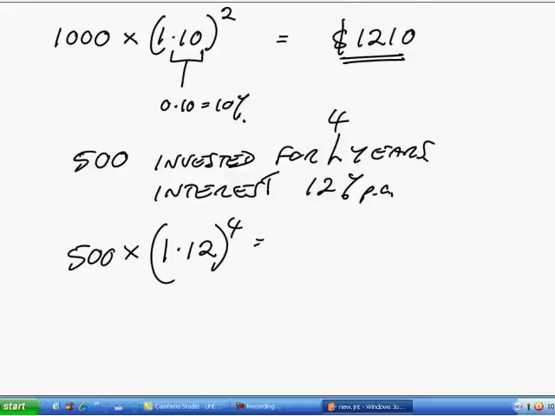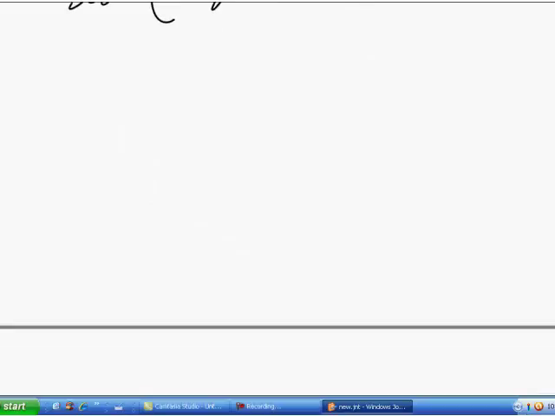The second one, a similar sort of principle, but make sure you are happy with it. A bank gives simple interest of 12% a year, with interest credited to the account quarterly. They want to know what is the actual rate of interest per year. Well, simple interest is what we call it when we're ignoring this compounding, this interest on interest.